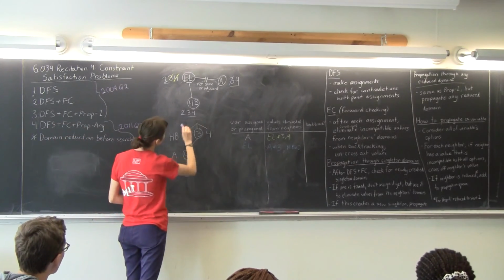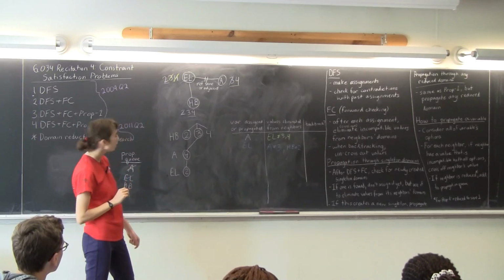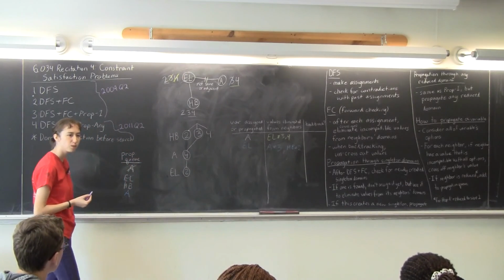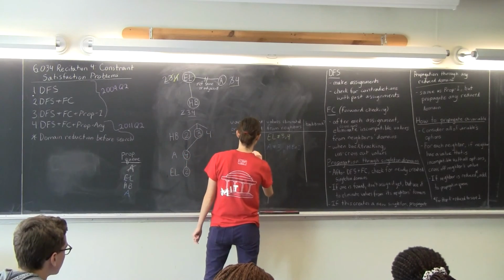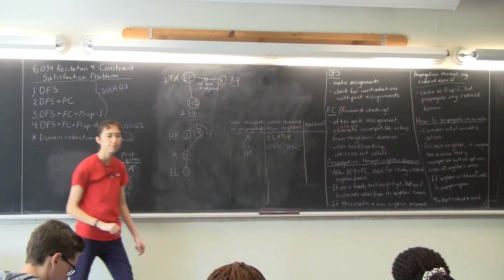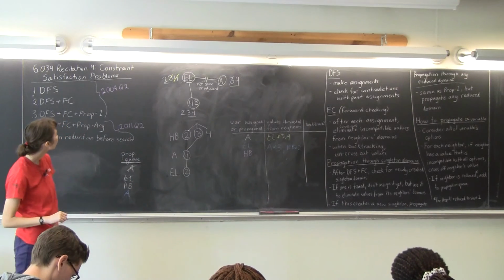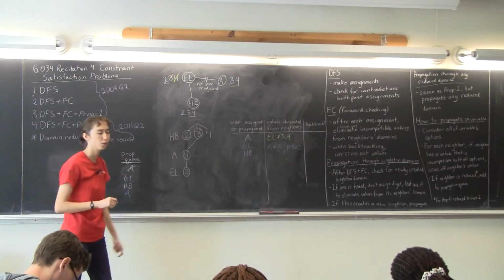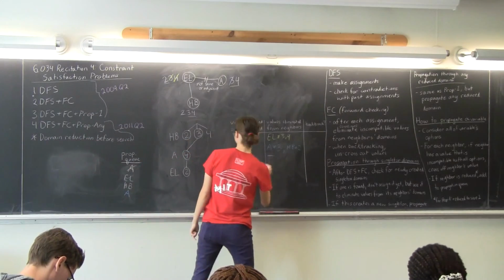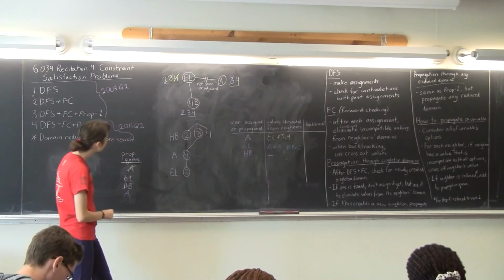We see the hornbill can only be in 3 or 4. Can we cross out anything from the hornbill's neighbors? Looks like the hornbill only has 1 neighbor, and the evil lion being in 2 still works. So nothing to do there, and we're done with the hornbill.